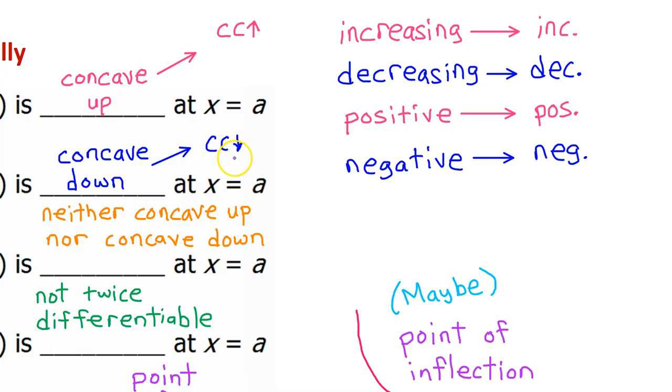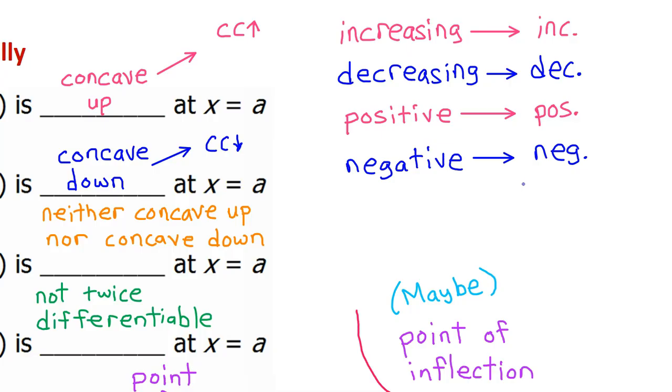Before we move on, I want to say a word about abbreviations. In other videos, you will often see me use these abbreviations for concave up, concave down, increasing, decreasing, positive, negative. Of course, I accept these abbreviations in my class, but I want to be clear. You are taking a risk when you use any abbreviations on the AP exam. That's because it's up to the discretion of the grader whether or not they're going to accept it.